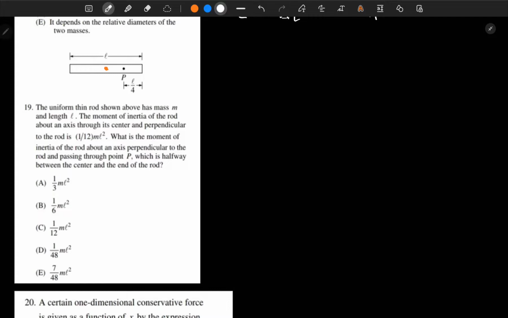To do this, we first note that the rod has uniform density. That is what uniform means here.